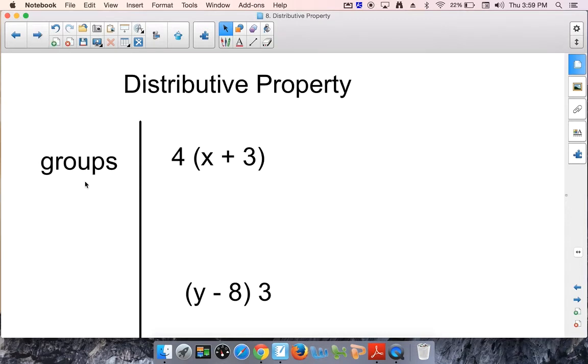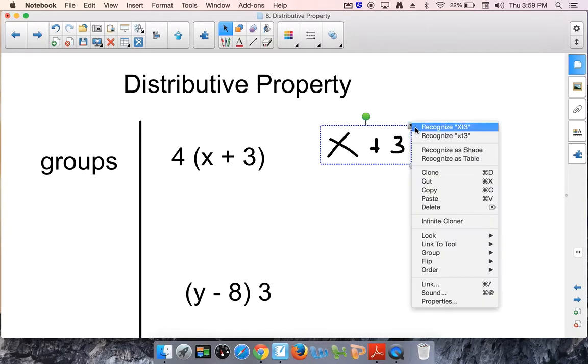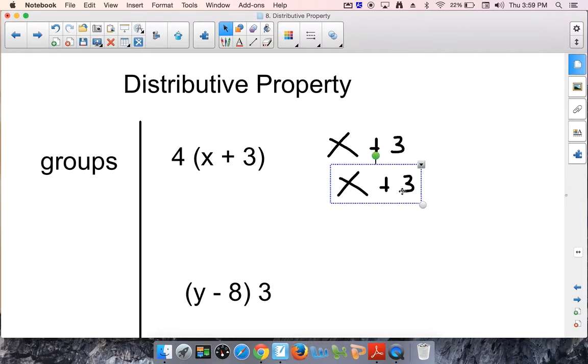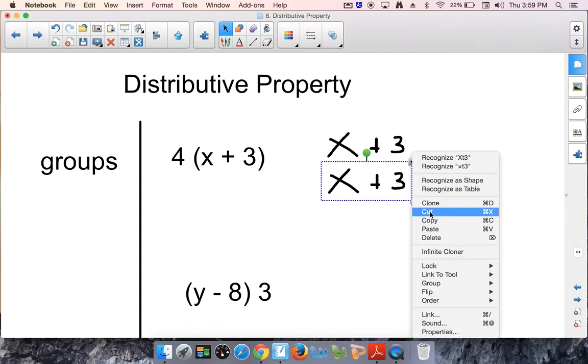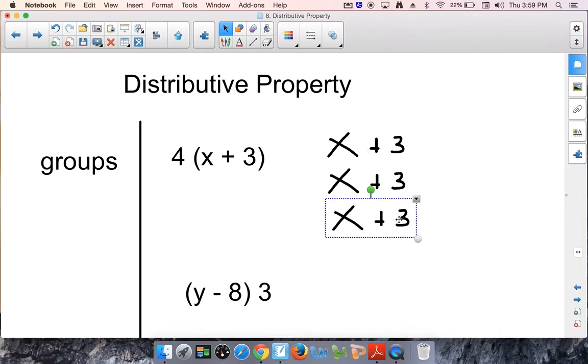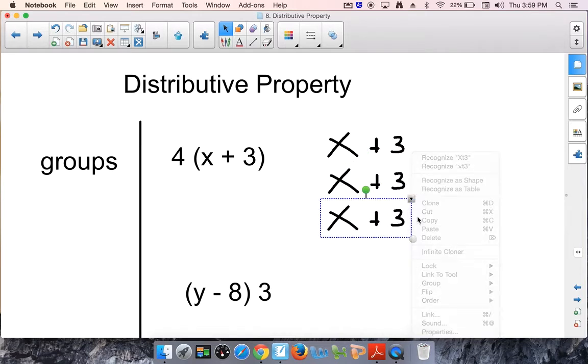So let's think of this as groups. I also want you to write groups over here. So if we have 4 groups of x plus 3, that would mean we have an x plus a 3, and we would have another x plus 3, and another x plus 3, and another x plus 3.